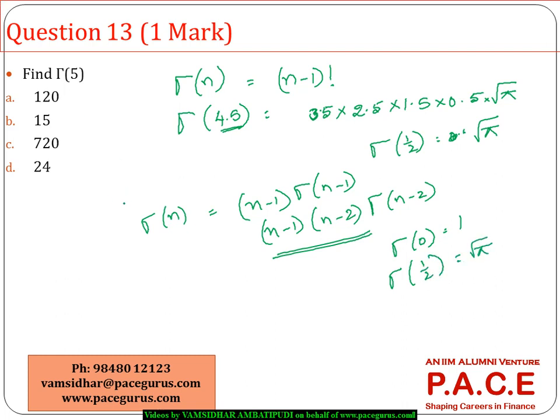Because in this question we need gamma of 5, and 5 is an integer, I can take this answer as 5 minus 1, that is 4 factorial, which works out directly as 24. So I am marking D as my option choice here.